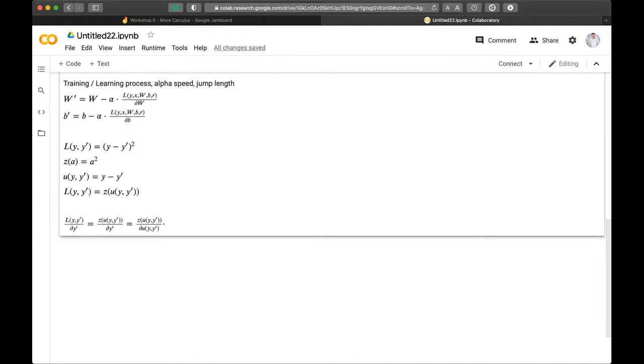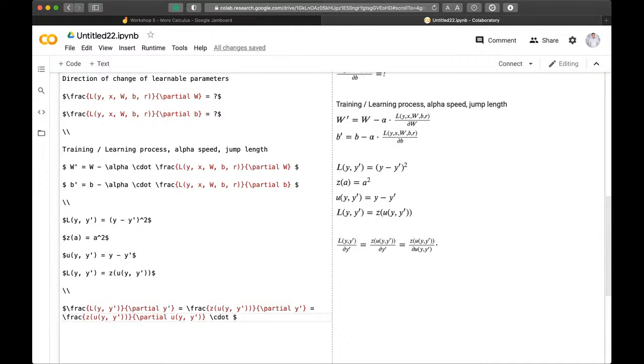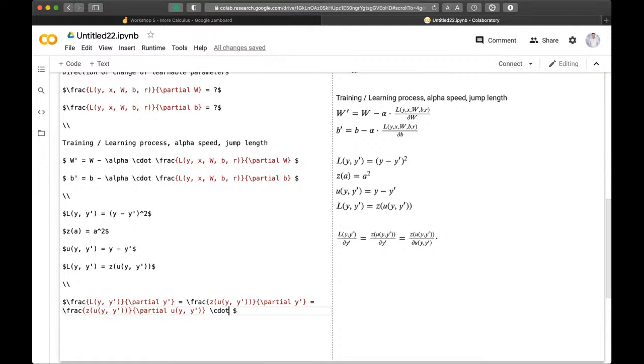So then it becomes very clear, you know. So this part, and of course the other part is even simpler, right? The other part is just with the y prime, and this is the u guy, right? Like that. Okay, so we have the first part, the second part multiplied, right?